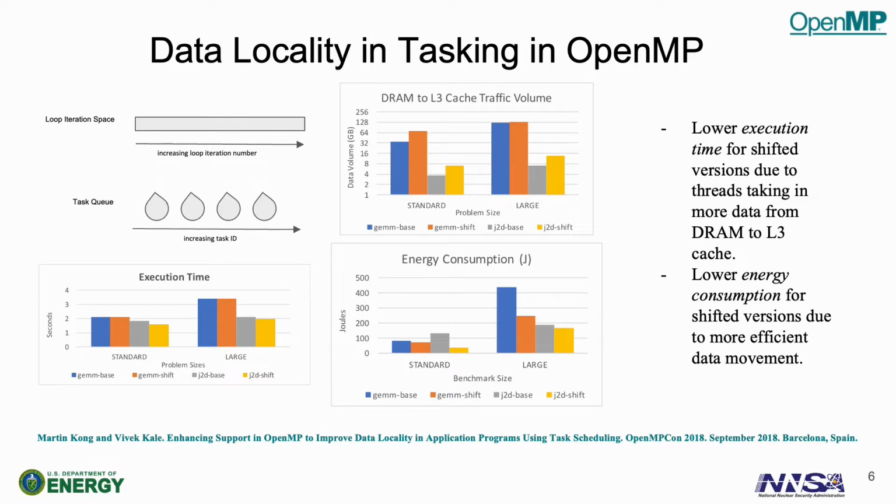More efficient data movement here showed not just lower execution time, because of not having to go through the DRAM, it also showed lower energy consumption. We measured joules here. This is for an Intel 24-core Xeon.